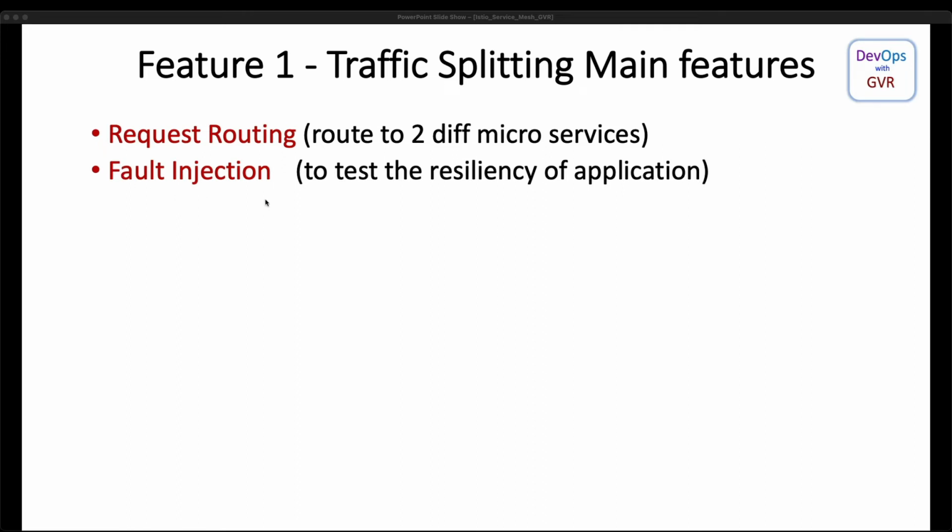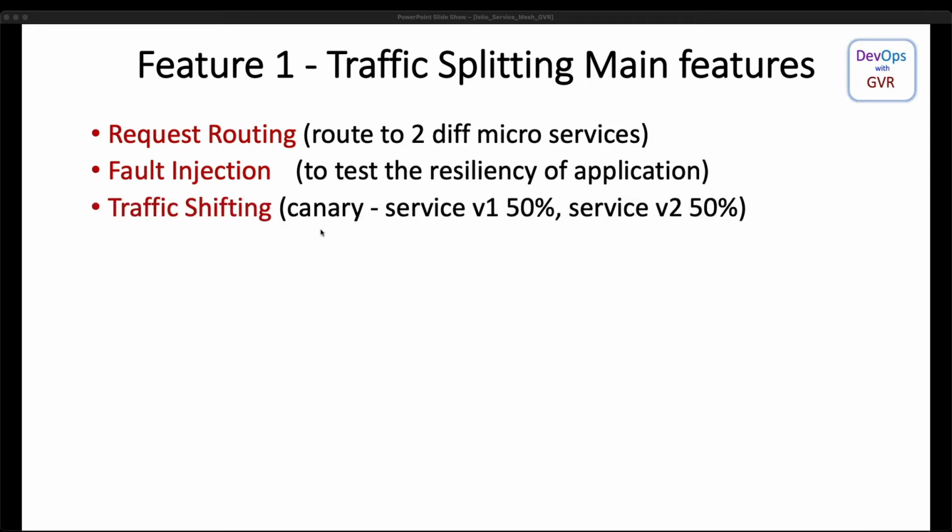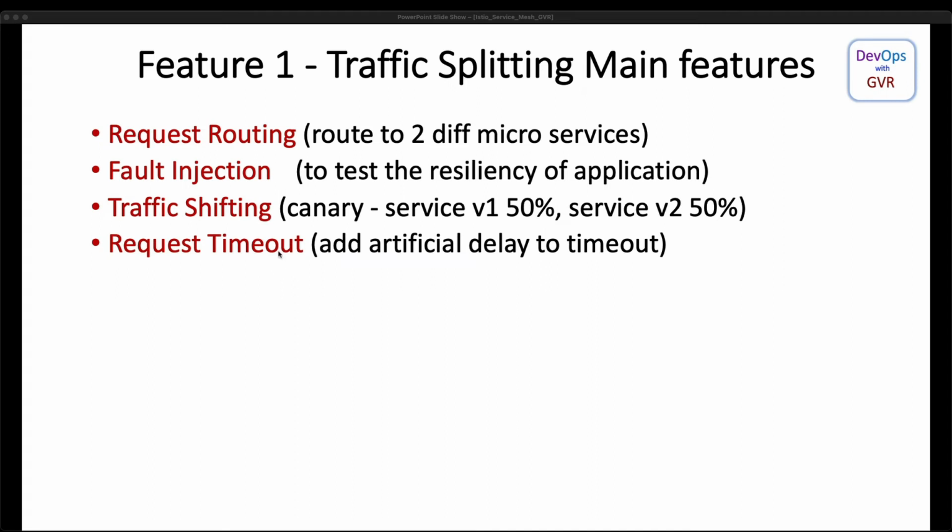Such kinds of faults you can add, and you can test for production-grade applications. And traffic shifting is basically canary deployment, right? During the canary deployment model, we send traffic in percentage-based amounts. So that is achievable. Request timeout: you can add artificial delay for the services by using this feature.